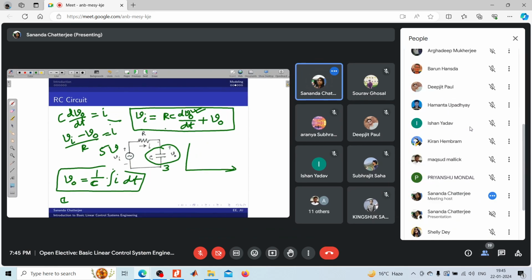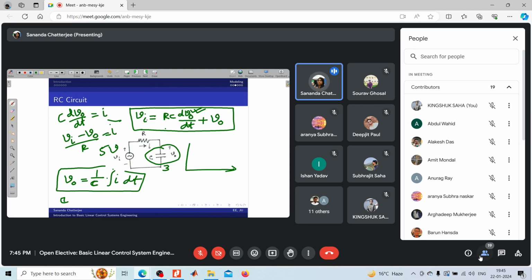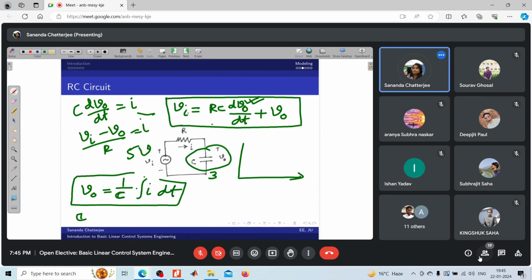Another thing, if you see the coefficients of the differential equation, do you understand what is the coefficient of the differential equation? Yes, ma'am. The coefficients are R, C, and 1. There is only constant.